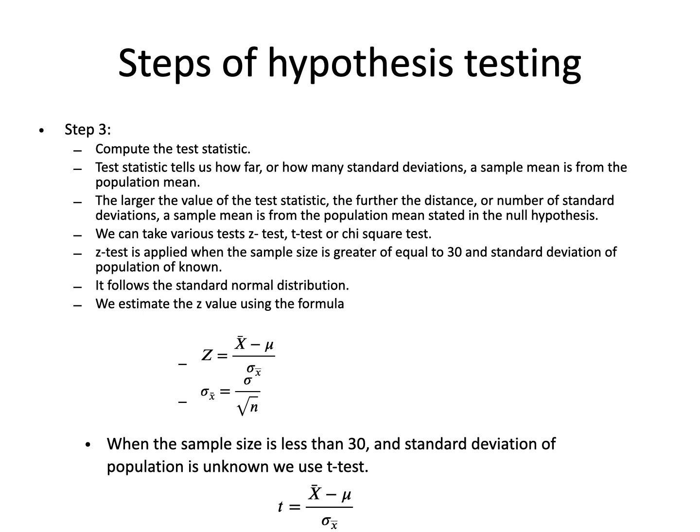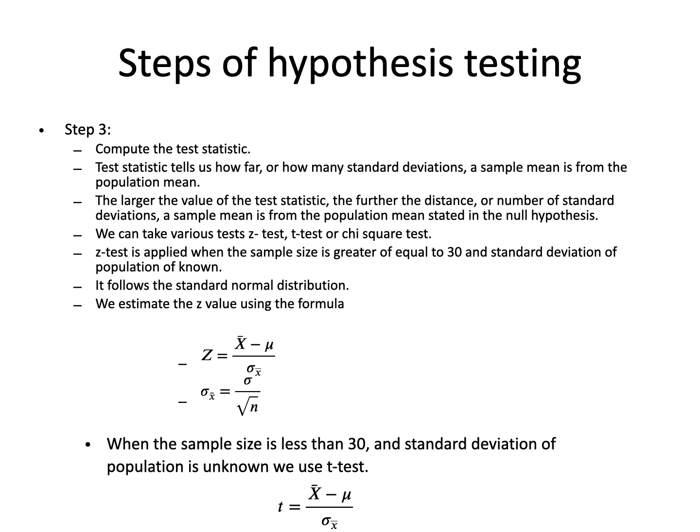Now the next step is to calculate the test statistic. We can take various tests like z-test, t-test or chi-square test. The z-test is applied when the sample size is greater than or equal to 30 and the population standard deviation is known, and it follows the standard normal distribution.